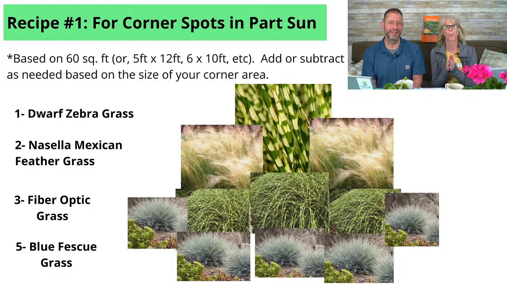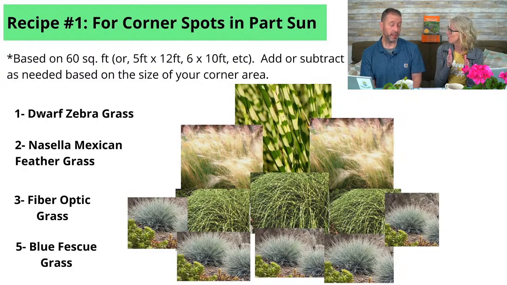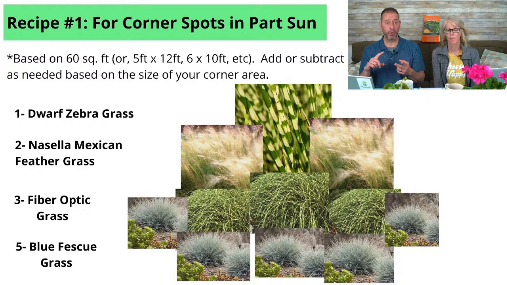If you have a really neat corner that you've been wanting to redesign, but it also has part sun, some of these plants can take part to full sun. Some can even go a little shadier. There are varieties out there that will do that. But most of the grasses you'll find out there are definitely heat tolerant. Some are very drought tolerant, some not so much, but they might be a little bit.